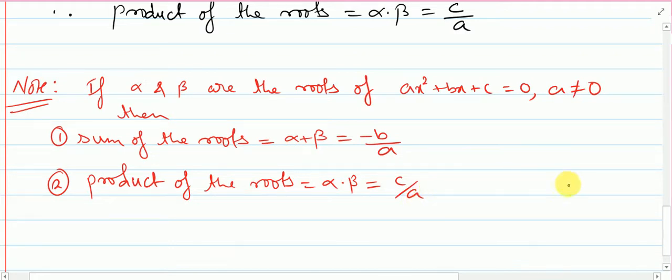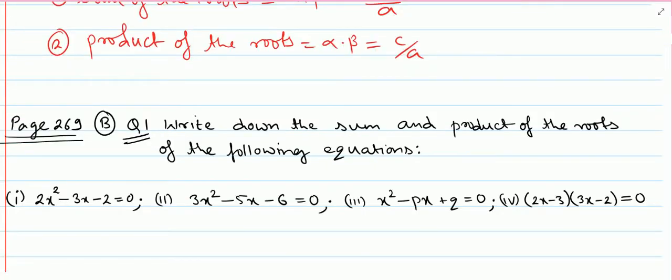Okay, now we will see questions related to this. Okay, so let us see this question. I have taken from page 269, part B, question 1. Here it says, write down the sum and product of the roots of the following equations.